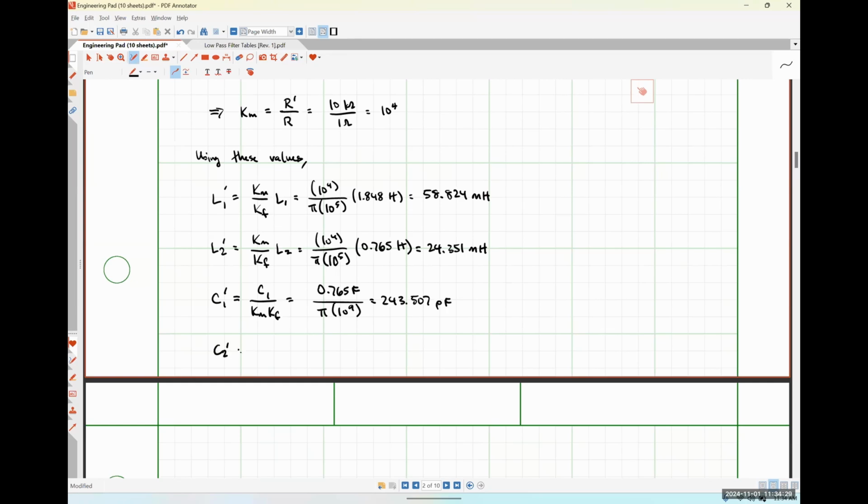And C2 prime is simply C2 over Km Kf. So that is 1.848 farads over that same factor of pi times 10 to the 9, which gives me 588.237 picofarads.